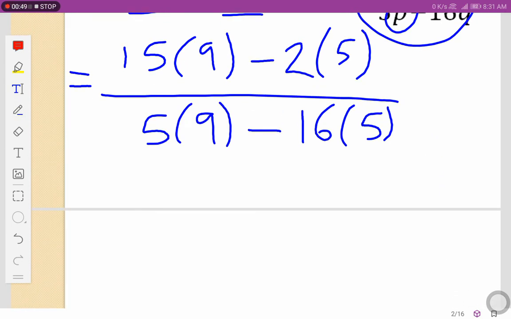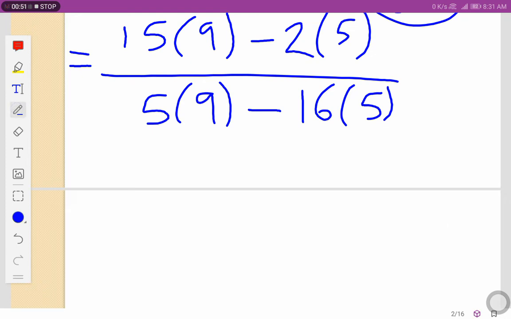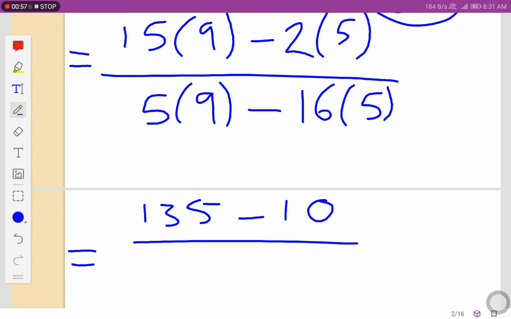For the first one, I'll have 135 minus a 10 there, all over 5 by 9, I get 45 there, minus 16 times 5, I get 80.